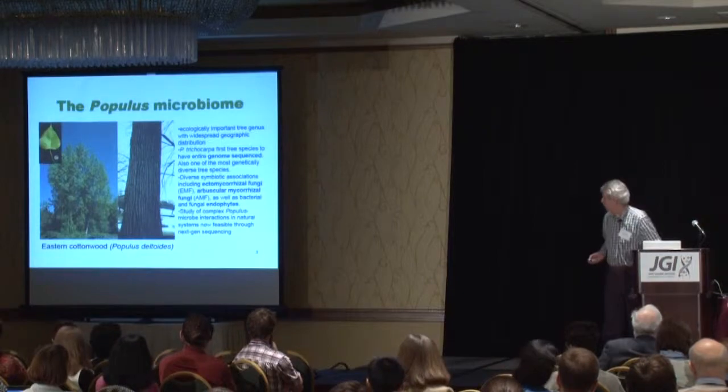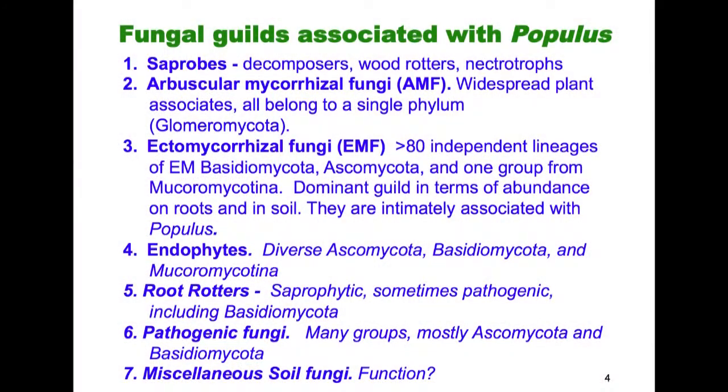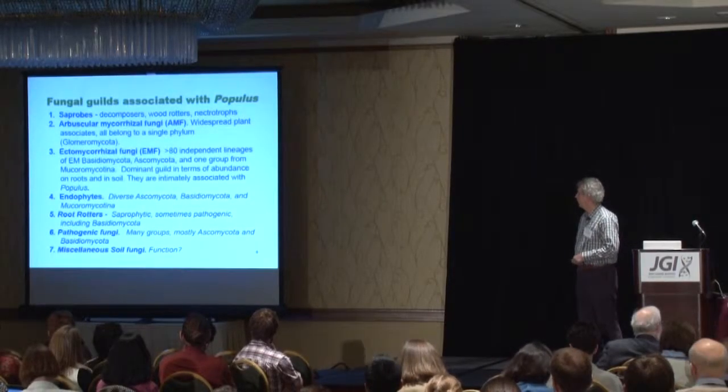So our interest has been to characterize these different fungal guilds that are associated with Populus. And these can range from saprobic fungi, which are primarily decomposers, to the two major mycorrhizal guilds, which are symbiotic associates involved in nutrient exchange and uptake of plant photosynthate.